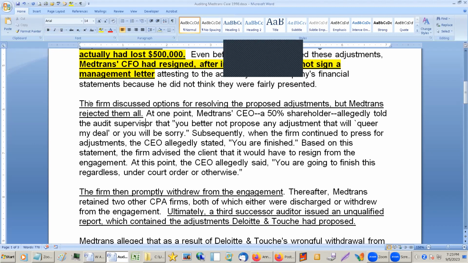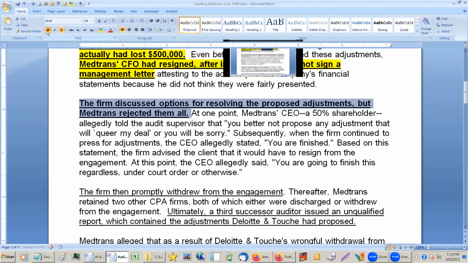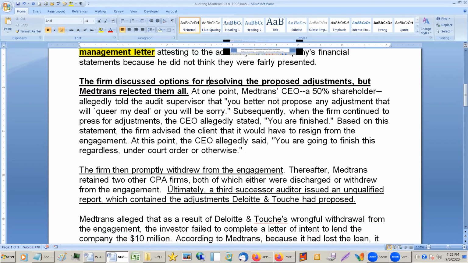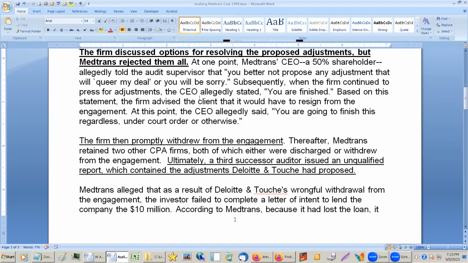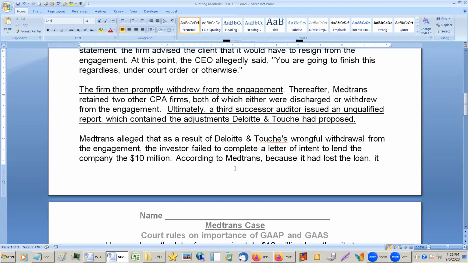The firm discussed options for resolving it, and they checked them all. The CEO was huffy about it. The firm withdrew from the engagement. Now, this is something where the problem isn't obvious.